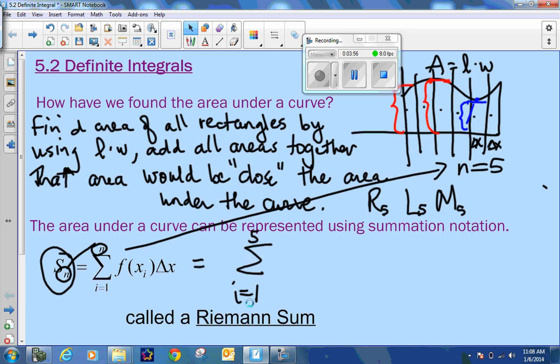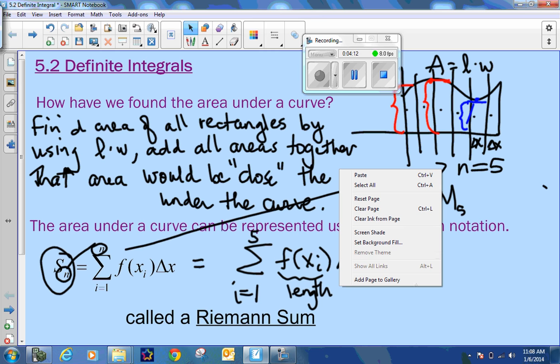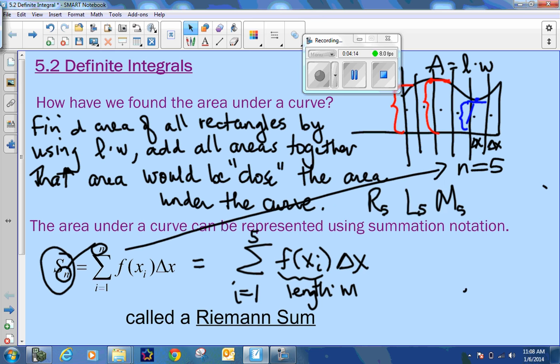For summation, we learned this in pre-cal, but we usually start with 1 because then we can just count 1, 2, 3, 4, 5, and that's 5 of them. And then f of x_i times change in x would be length of the rectangle times width. This is referred to as a Riemann sum.